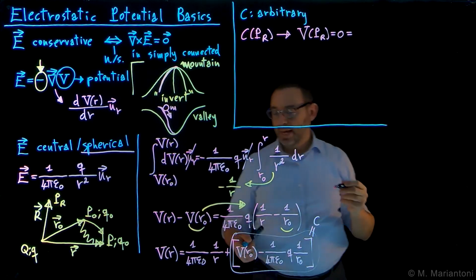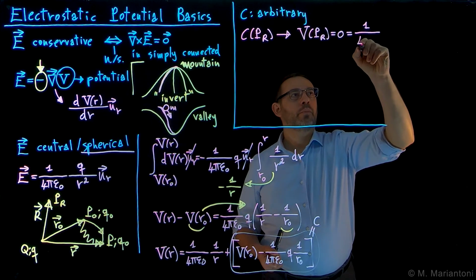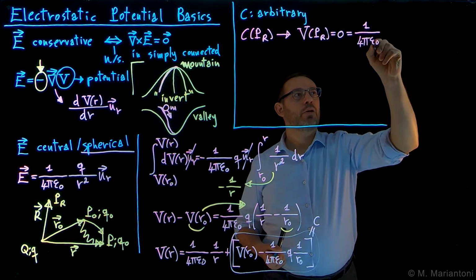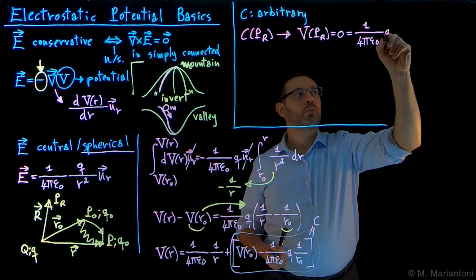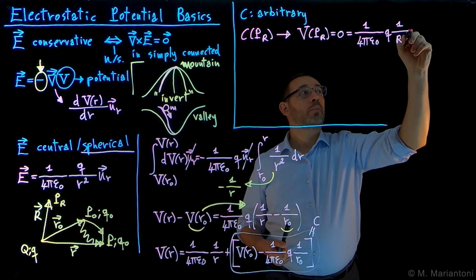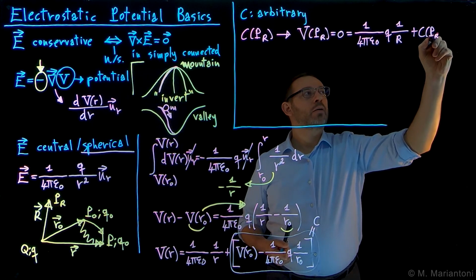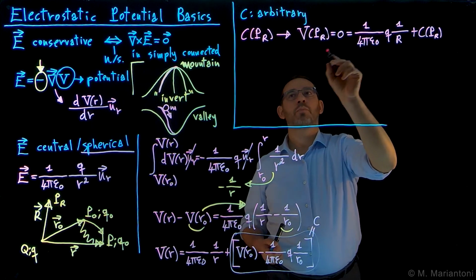Well, this means that 1 over 4 pi epsilon naught Q times 1 over capital R plus C at PR has to be equal to 0.